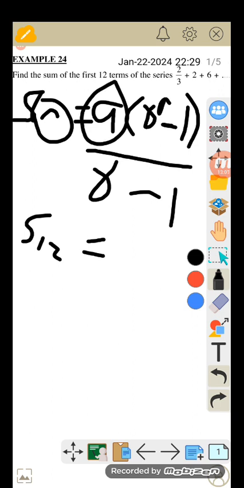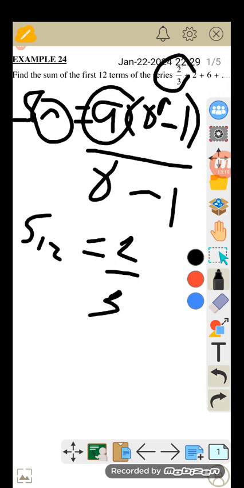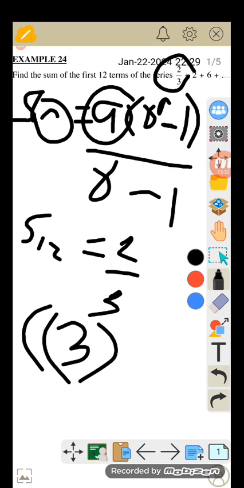And my first term is A, which is this part, 2 over 3. Right, guys? Into my R, the common ratio, which is 3.